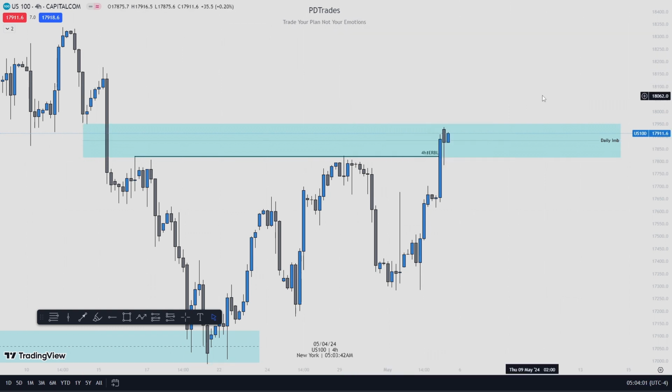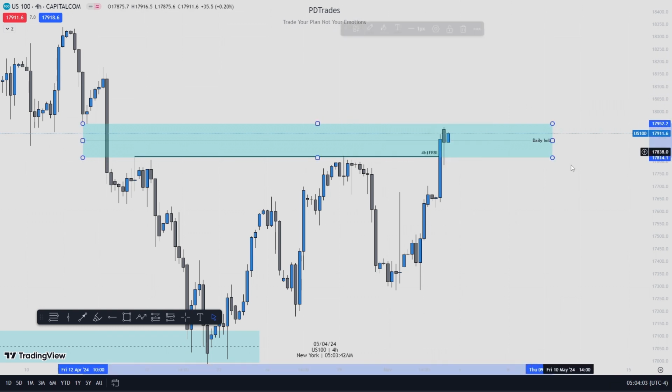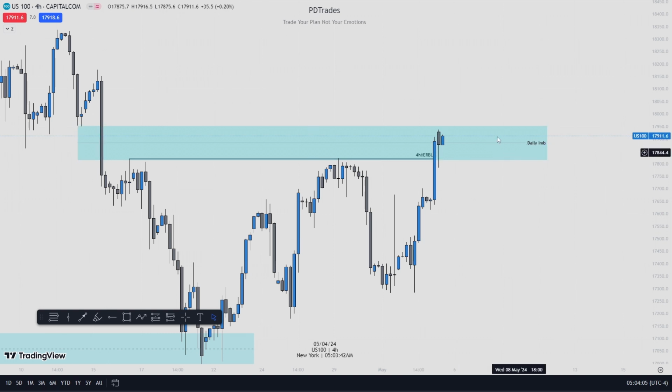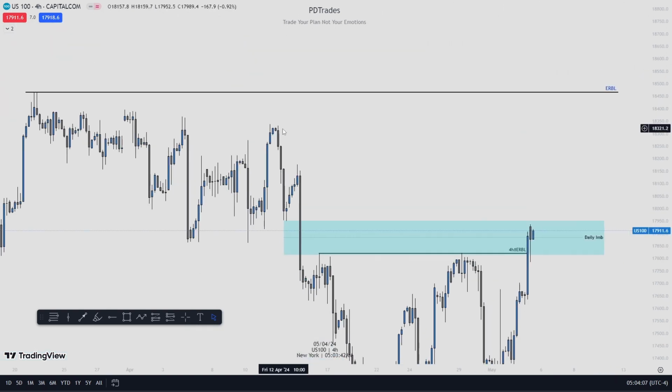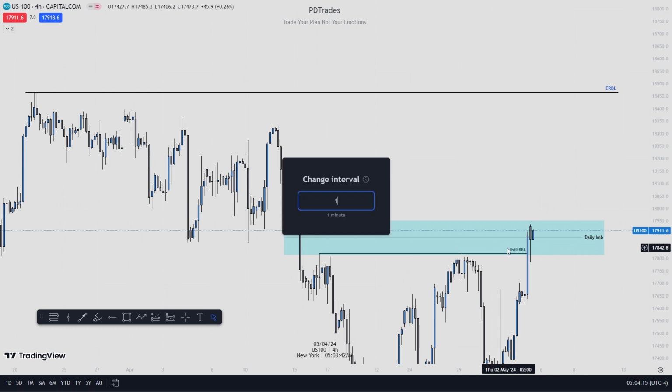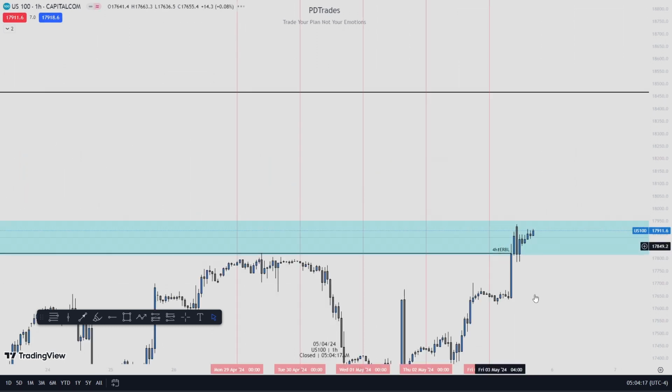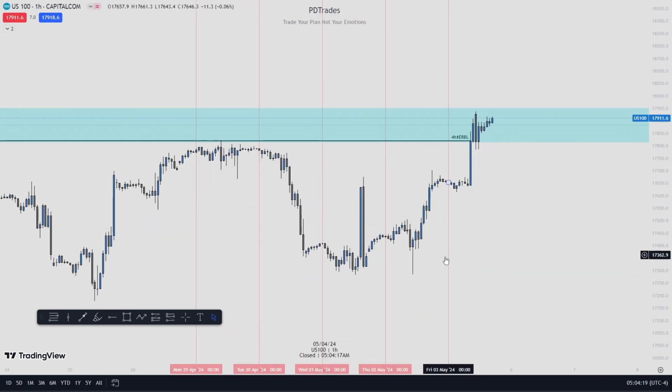Does it show any sign of reversing, or just continuing to the buy side and using this daily imbalance here as a rock climber to continue taking out all the liquidity resting above here, aiming for this guy here? So this will actually tell me what the market really wants to do. This will give me an idea what the market wants to do.